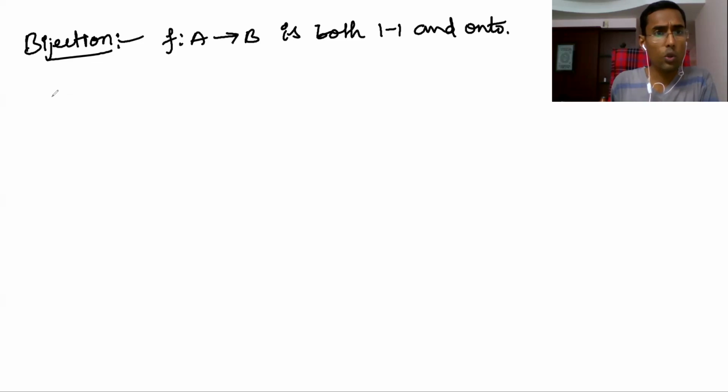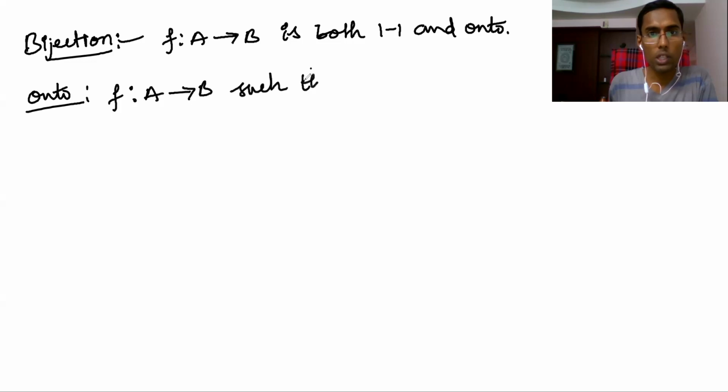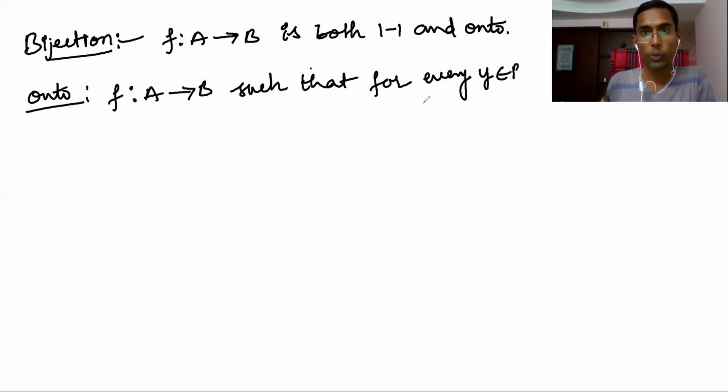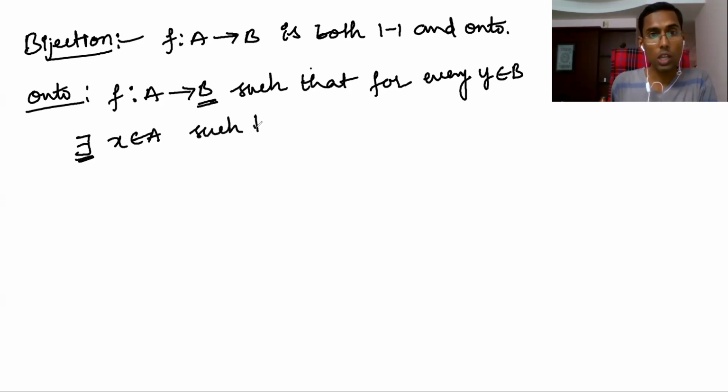And for onto function, what is the definition? For onto function, I am giving another definition which is the same, but mathematically what you can write: f is a function from A to B such that for every y belongs to B, whatever element you take from B, there exists x belongs to A such that f of x equal to y.